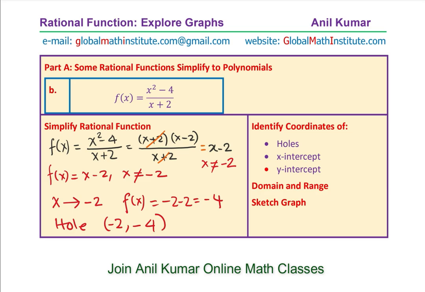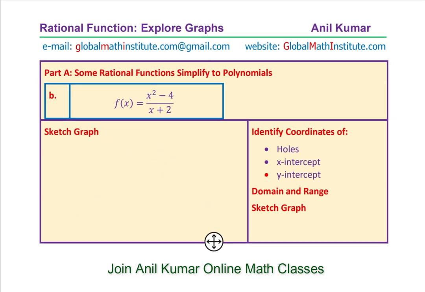Perfect. Now, let us sketch this function also and try to understand this rational function which has been reduced like a polynomial, a straight line x minus 2. So once again, we wrote this particular function f of x as x squared minus 4 over x plus 2 and simplified this to x minus 2 where x is not equal to minus 2.